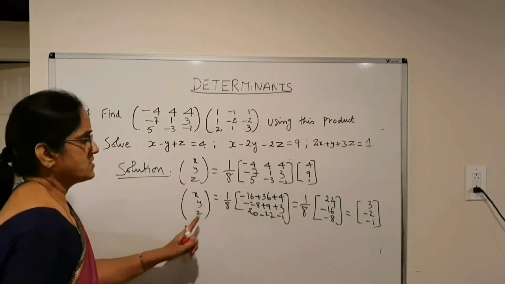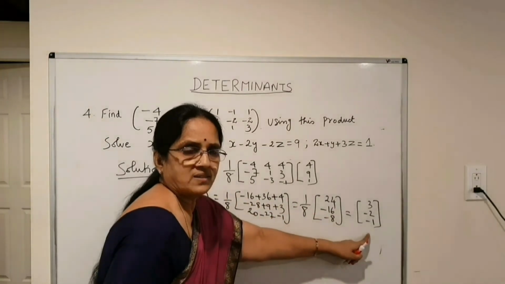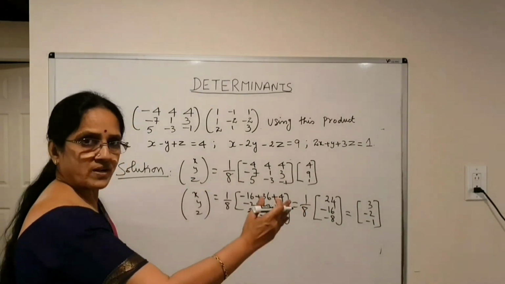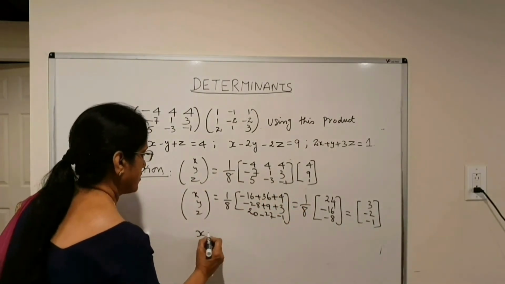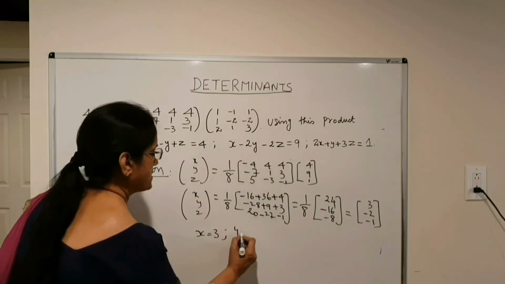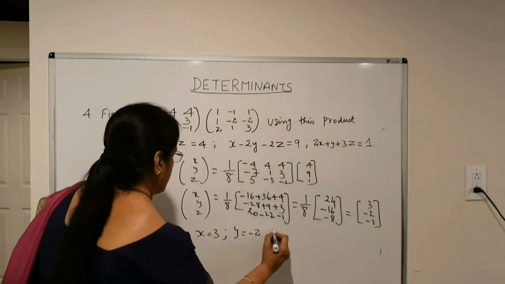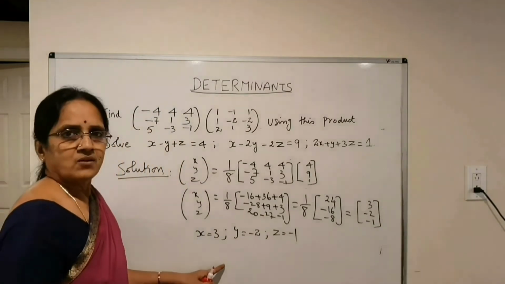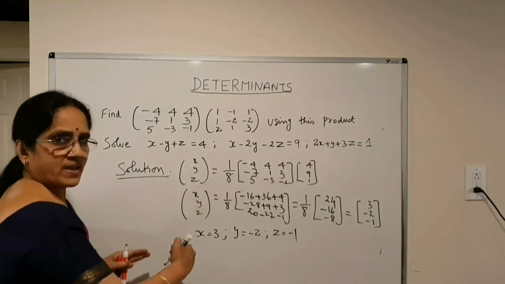Now, since these two matrices are equal, the corresponding elements also will be equal. Hence, equating the corresponding elements you get x is equal to 3, y is equal to minus 2, z equal to minus 1. Then you need to write your answer.